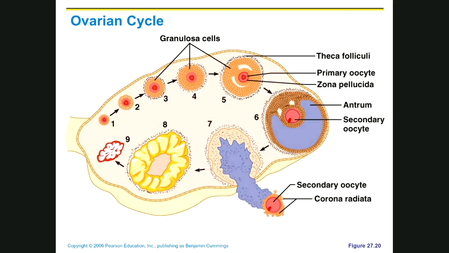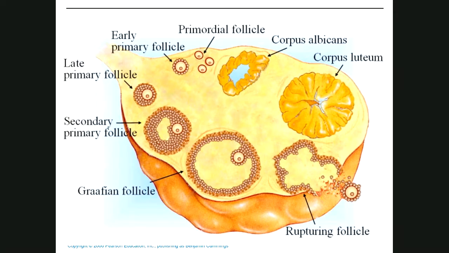But that's this. Well, not only does the follicle rupture, but the follicle is going to turn into this corpus luteum. And so when a corpus luteum is formed, we're going to get both estrogen and progesterone. So if we look at what that would look like, it looks like this.